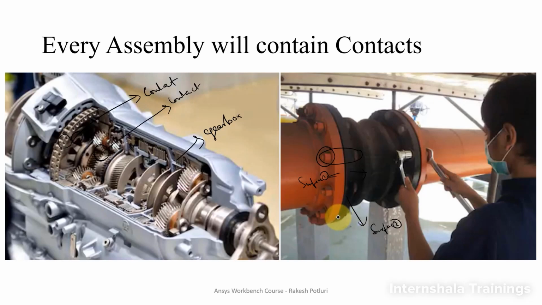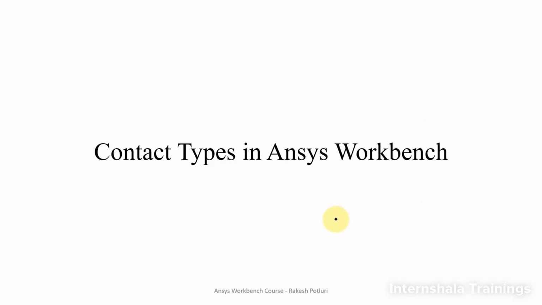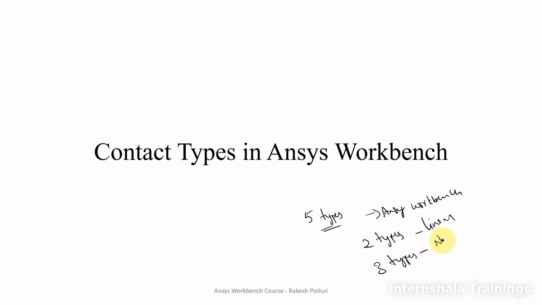So the next thing is we learn about the contact types and their contact behaviors that are present inside ANSYS Workbench. Remember, there are 5 types of contacts in ANSYS Workbench, and of those, 2 types are for linear analysis and 3 types are for non-linear analysis.